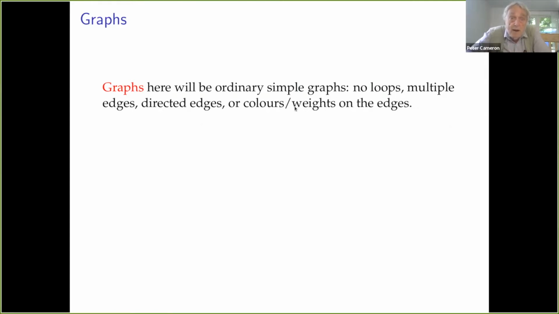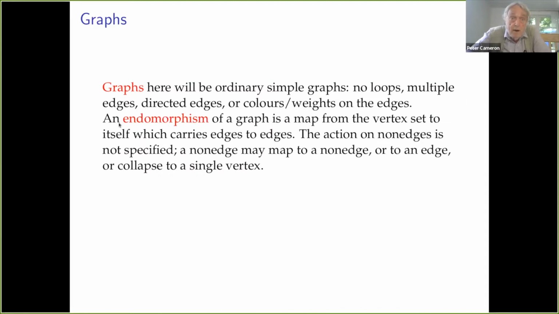So that's a graph. And if you have a graph, it might have some endomorphisms. An endomorphism is a map from the vertex set of the graph to itself, which carries edges to edges. I don't care what it does to non-edges. If you take a non-edge, it might map to a non-edge, or it might map to an edge, or it might collapse to a single vertex. But edges go to edges.